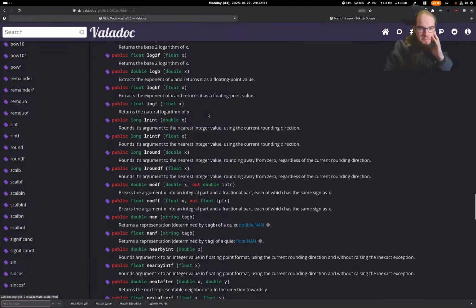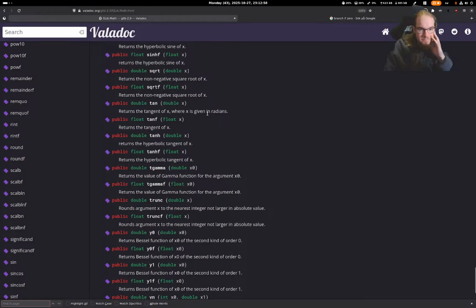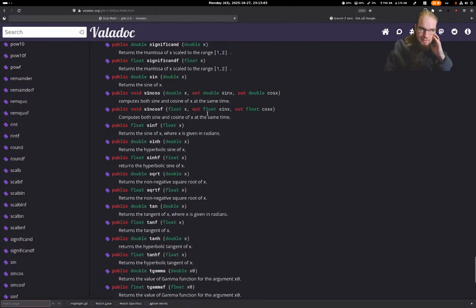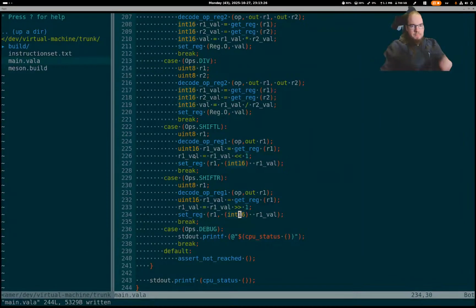There's no carry stuff here. I'm pretty sure that shift left and right just truncates stuff. It doesn't really care if the result is going to fit or not. I would really like that to actually set the carry.